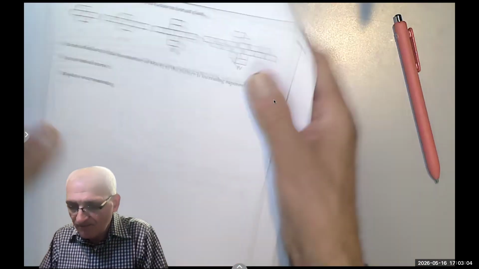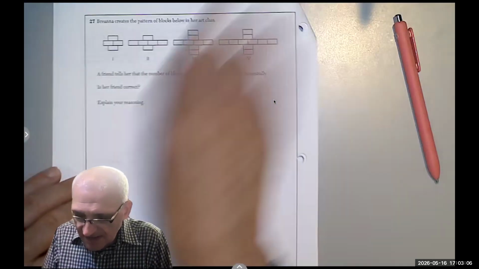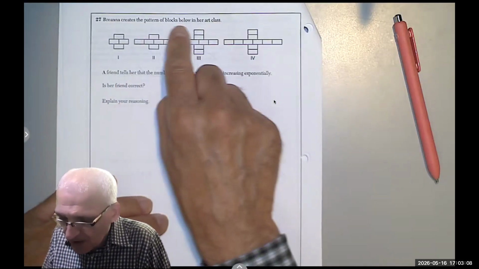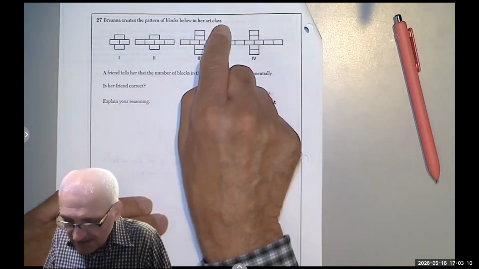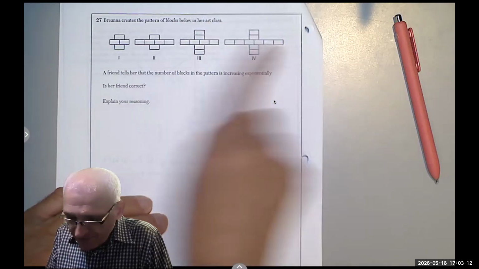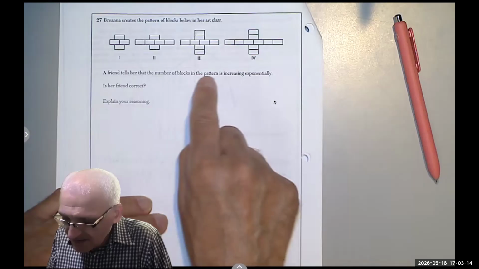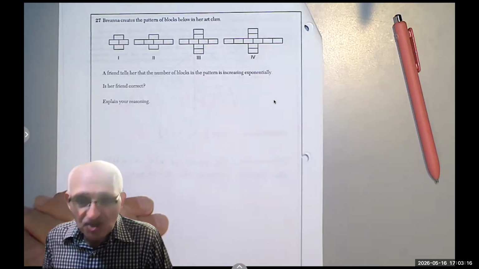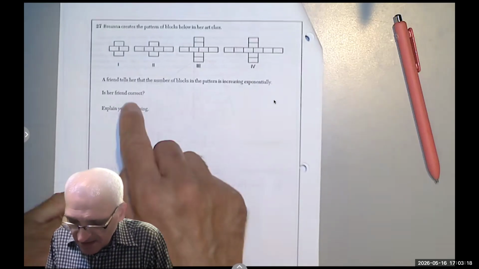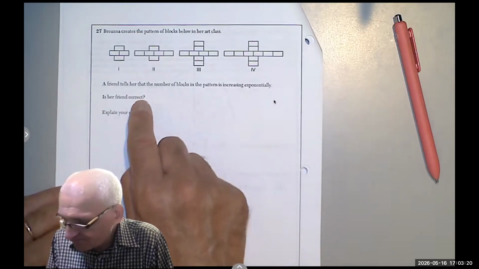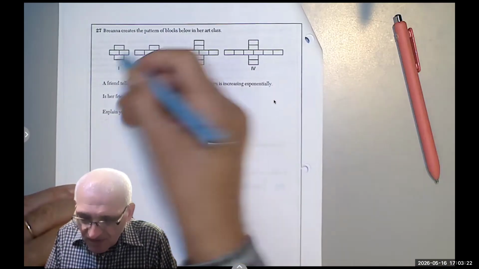It's very easy. The third question said, Brianna creates the pattern of blocks below in her art class. A friend tells her that the number of blocks in the pattern is increasing exponentially. Is her friend correct? So we can count the number of blocks here.